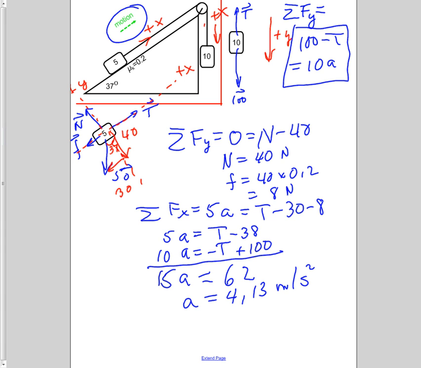And if I take that and put it into either of these two equations, I find that T is equal to 58.7 newtons. And the problem is now complete.